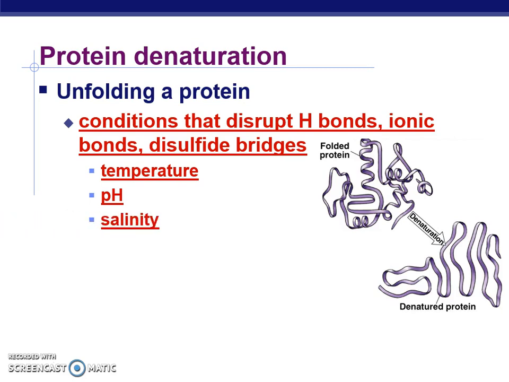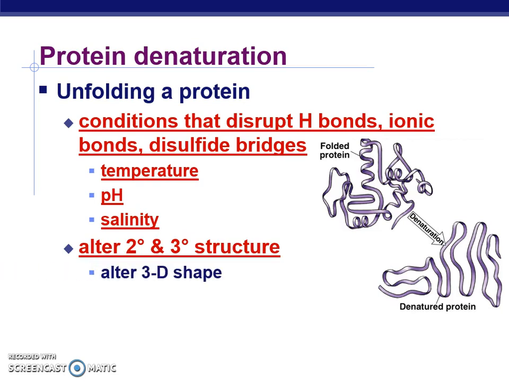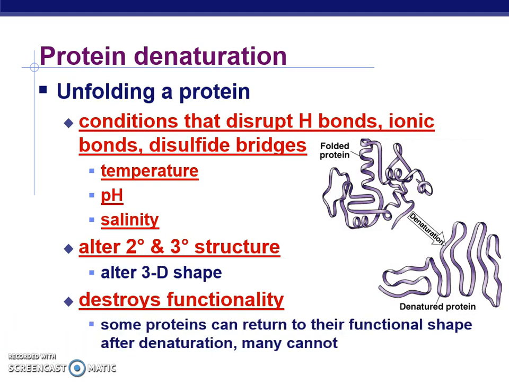Same with salinity. You're adding dissolved ions with the salt, right? And so all of those are going to have an influence on whether or not those bonds form and where they form. And so they're going to disrupt that secondary and tertiary structure and alter the shape, which kind of destroys the functionality. Now, some proteins can return to their shape after denaturation, but many can't.